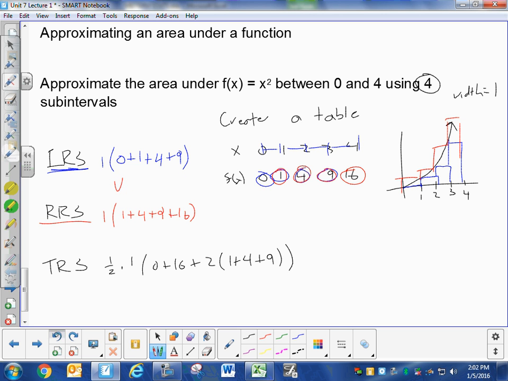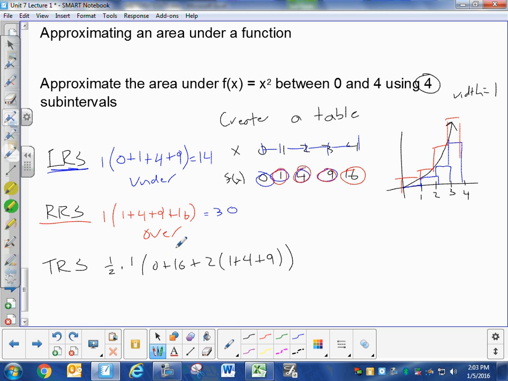I'll change that to blue. And I know the right is going to be over. So that means the exact has to be somewhere in between. 9 plus 4 is 13, plus 1 is 14. 1 plus 4 plus 9 plus 16, so that's 25, 29, 30. Okay? It's got to be somewhere between 14 and 30.